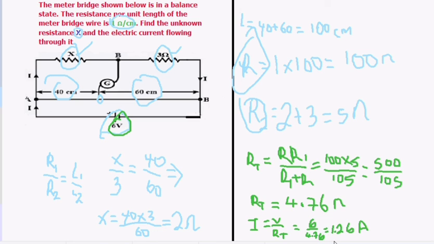So my result is 1.26 ampere. So the current flowing through the meter bridge is 1.26 ampere, and the unknown resistance we calculated as 2 ohms.